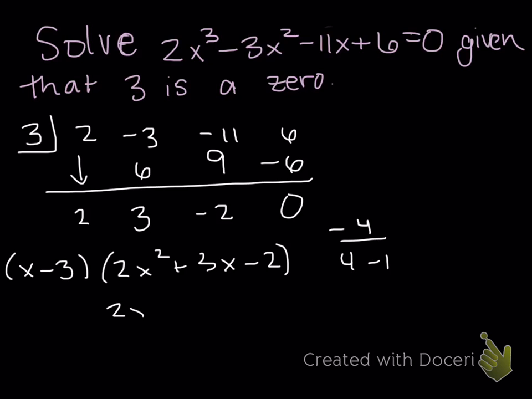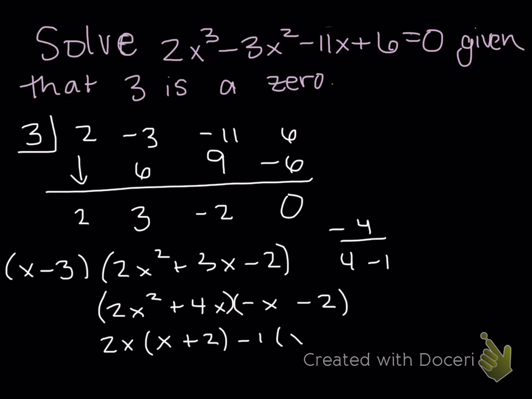So I'll have 2x squared plus 4x minus 1x minus 2. And I grouped the first two and the second two. I can take out a 2x, so I'm left with x plus 2. And I can take out a -1, and I'm left with x plus 2. So this factors to be 2x minus 1 and an x plus 2.